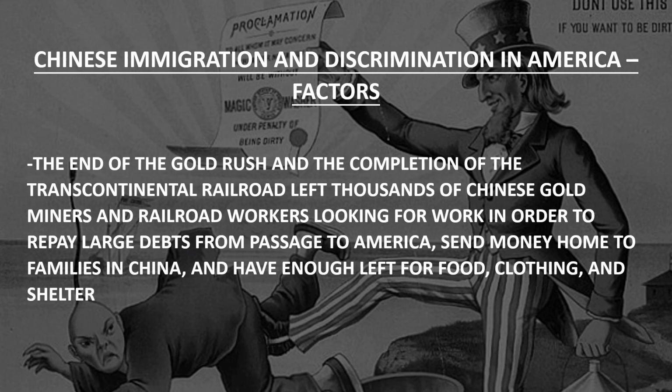The end of the gold rush, and the completion of the Transcontinental Railroad, left thousands of Chinese gold miners and railroad workers looking for work, in order to repay large debts from passage to America, to send money home to families in China, and to have enough left for food, clothing, and shelter.